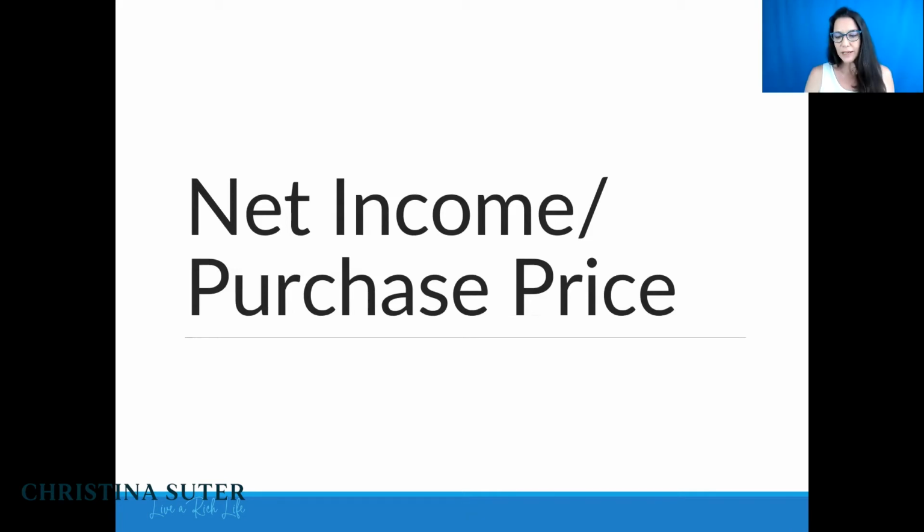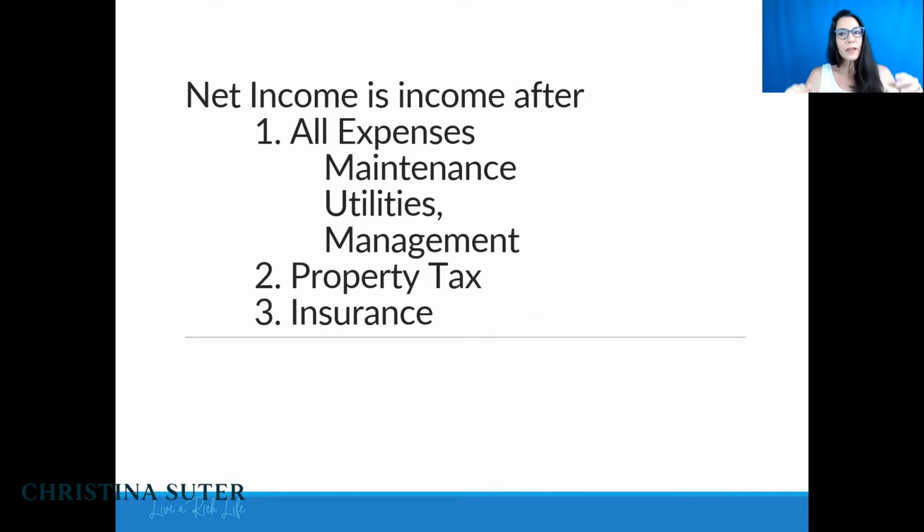Net income is your income after all expenses. Okay, cool. Net income is my income after all expenses. What are all expenses? You've got maintenance, like rehab on units that have come vacant. You've got ground keep, all of that type of stuff. You also have utilities that you need to pay for, and you have management fees.